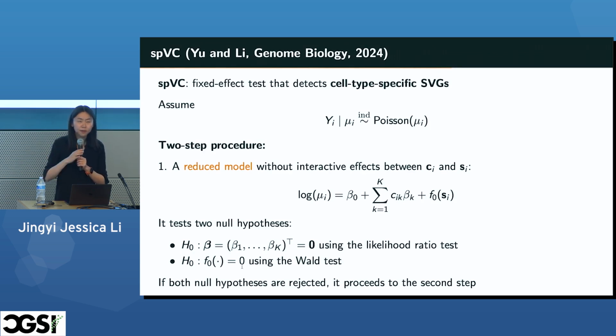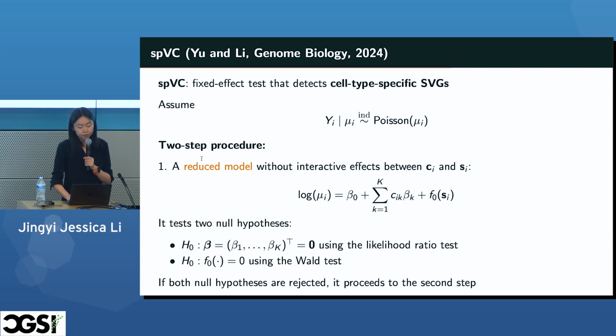SPVC is an exemplar method for detecting cell type specific SVGs. You see that it's more complicated than the previous one because here the authors assume that the Yi are counts, the sequencing data counts. So the distribution of Yi given the mean is Poisson instead of Gaussian. And it has a 2-step procedure.